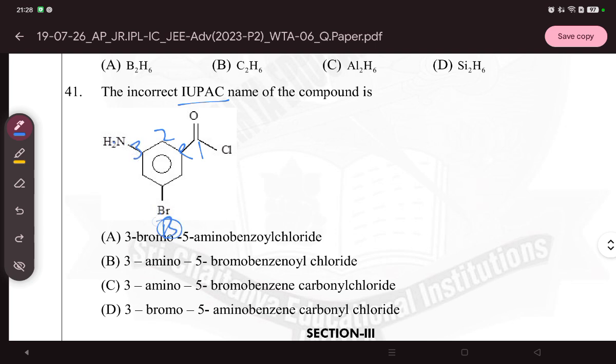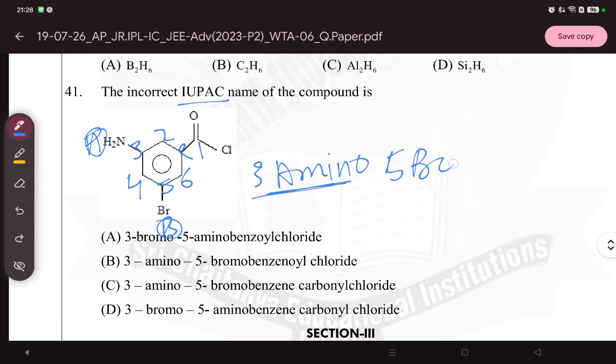B starts from B and amine starts from A. As per alphabetical order, amine will get least priority, least numbering, 4, 5, 6. 3 amino, 4, 5 bromo, benzene carbonyl chloride.